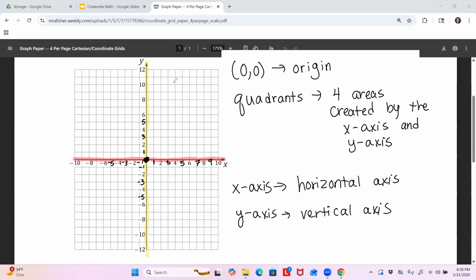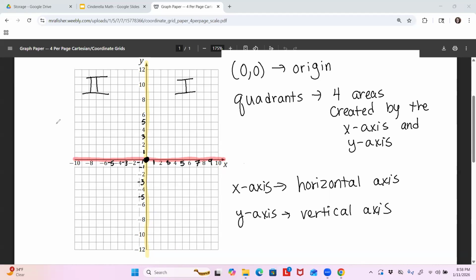The top right is quadrant 1, and we use Roman numerals for this. I'm not sure why. It just is. And then you're going to move counterclockwise. So the top left is quadrant 2.